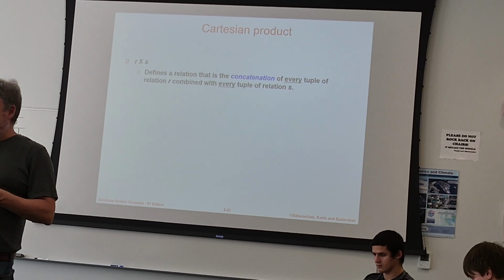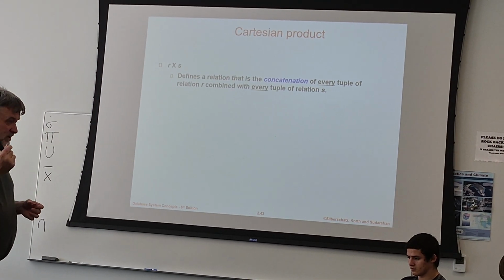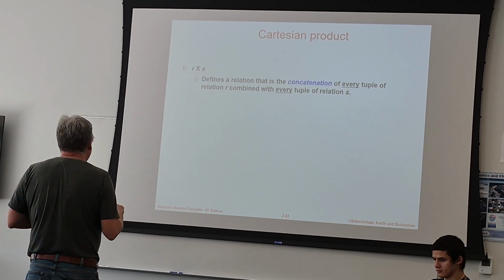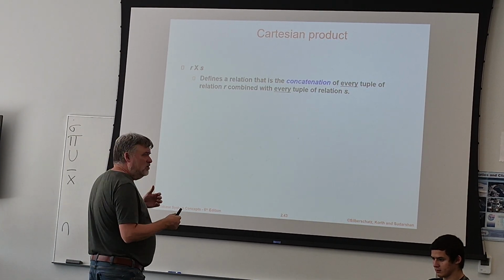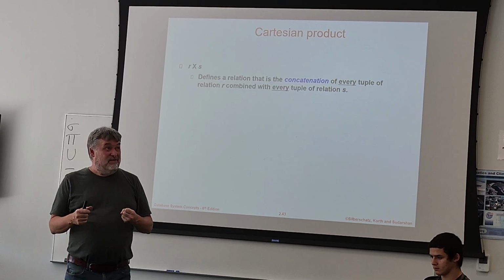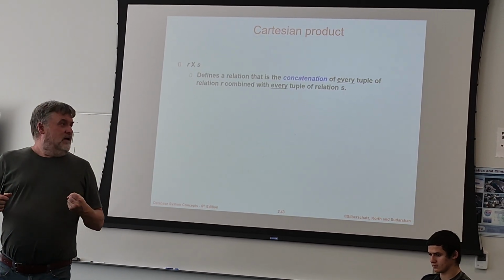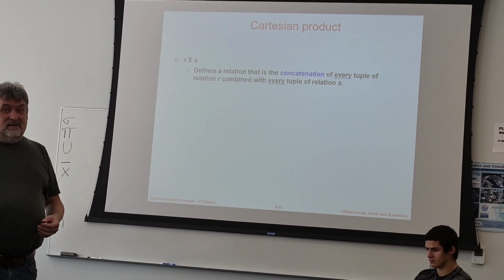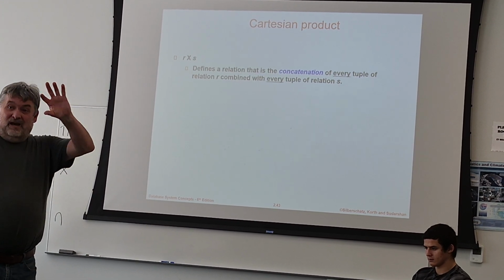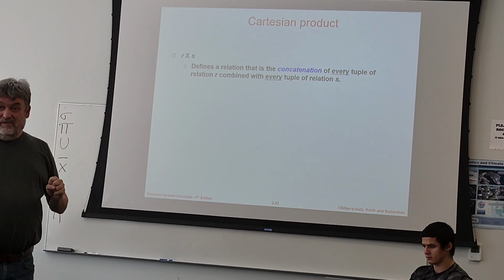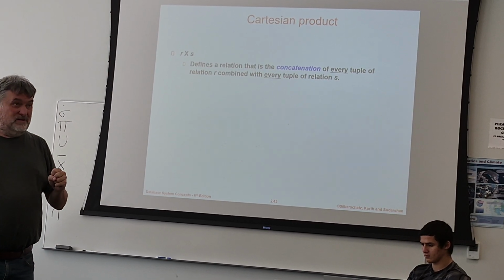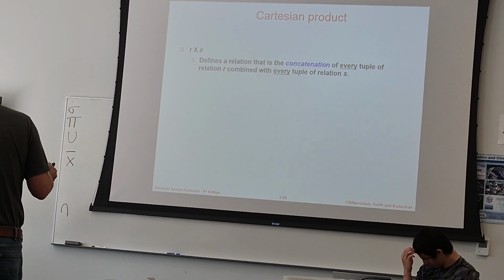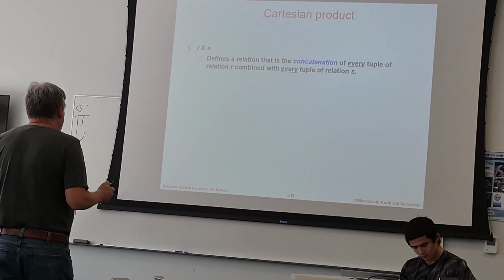We were selecting the corresponding fields that had to have matching values. This is different. This is connecting every row with every other row in both those tables. That's why I underlined the every in that description.